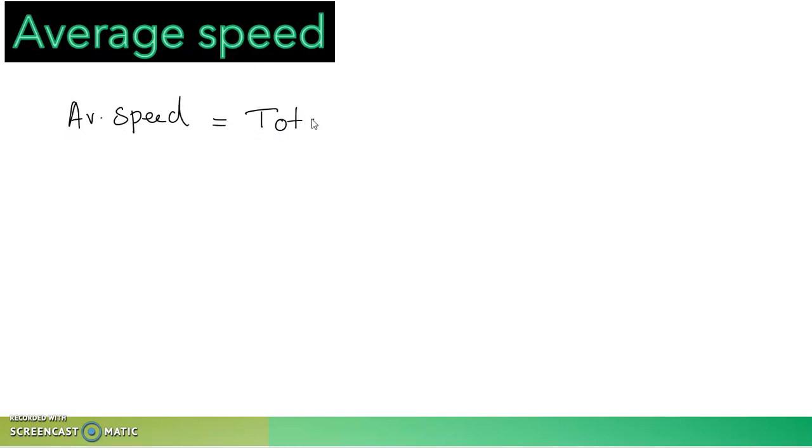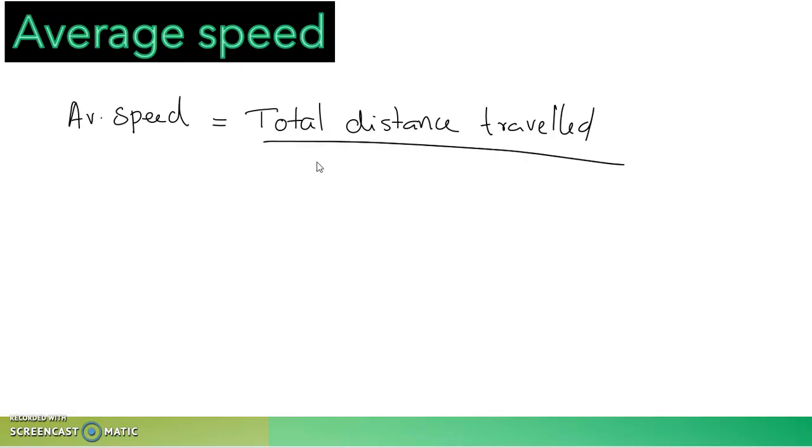So we can say that the average speed of an object or of a vehicle is equal to total distance traveled divided by total time taken. Okay, total distance traveled by total time taken by the object. So when you are given a question, say initially 10 meters it traveled in 5 minutes, then after that another 15 meters it is traveling in 3 minutes.